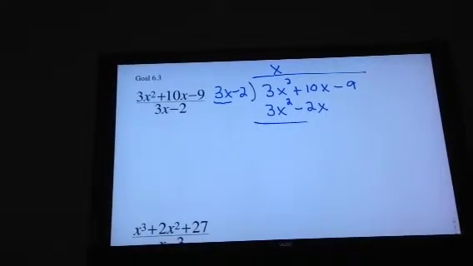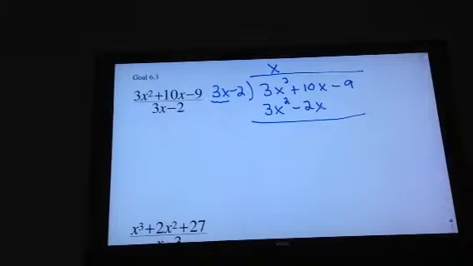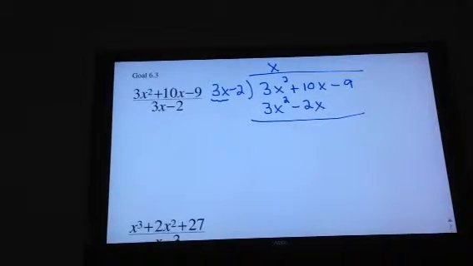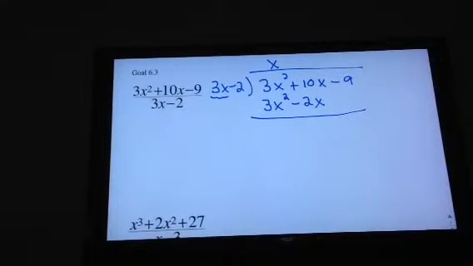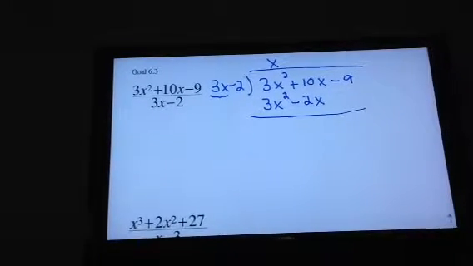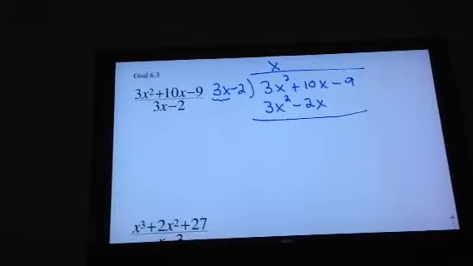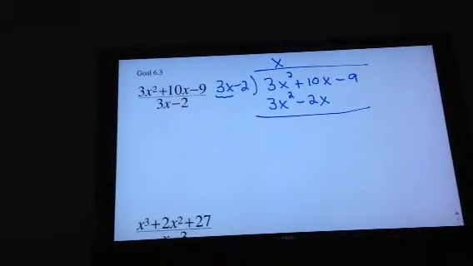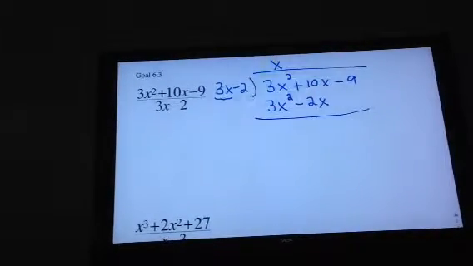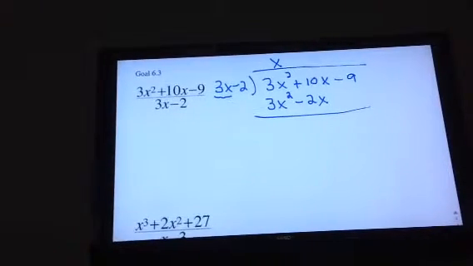In long division, what did you do at this point? You subtracted, and that's what we're going to do. People tend to make mistakes when they subtract polynomials when positives and negatives are both involved, so I'm going to do it slightly differently.